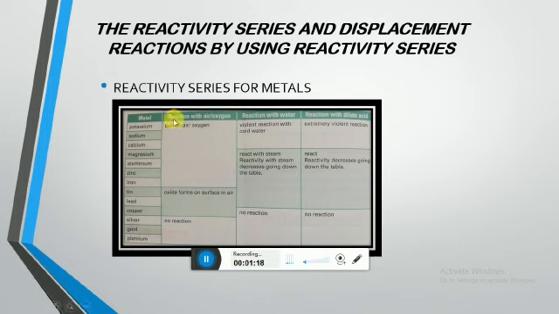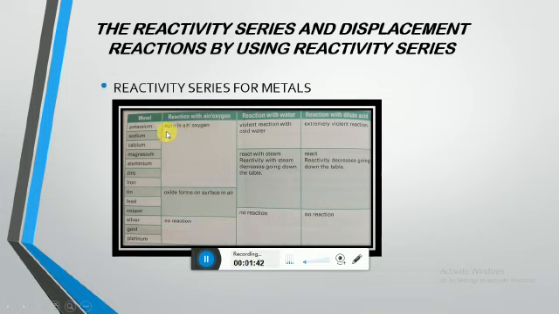So let's move towards the second column, in front of the potassium: reactions with air and oxygen. This shows that potassium, sodium, calcium, magnesium, aluminium, zinc, and iron, whenever these metals react with air and oxygen, they burn in air.